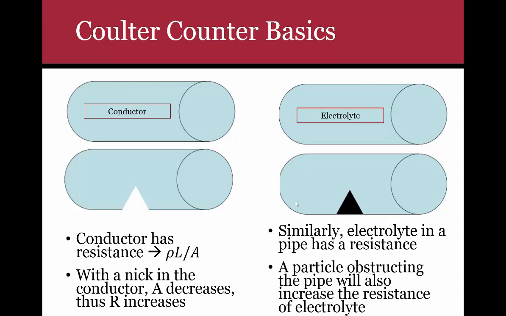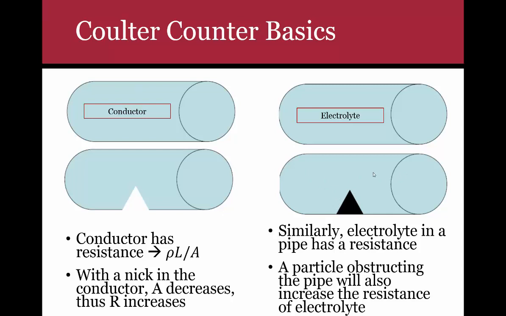So when an ion comes here, it's going to go around it. This is taking up volume within the electrolyte, and because of that, it decreases the effective area and volume of electrolyte that is conductive to ions. So the particle is basically obstructing the flow of ionic current through this electrolyte.